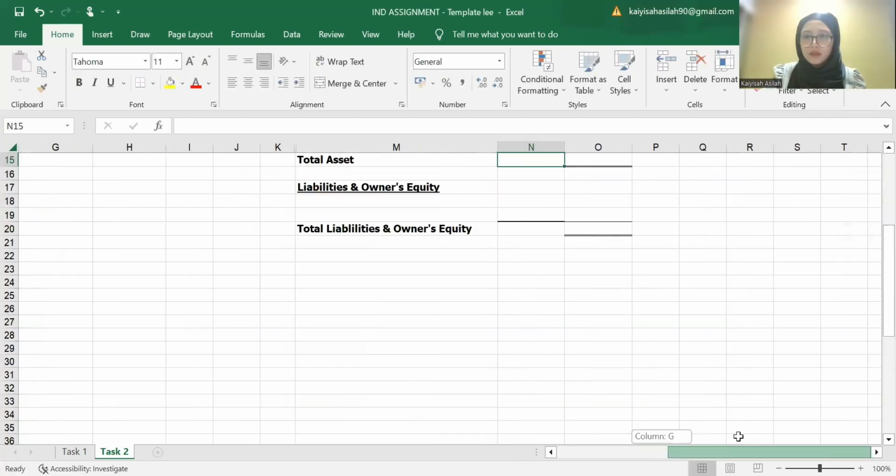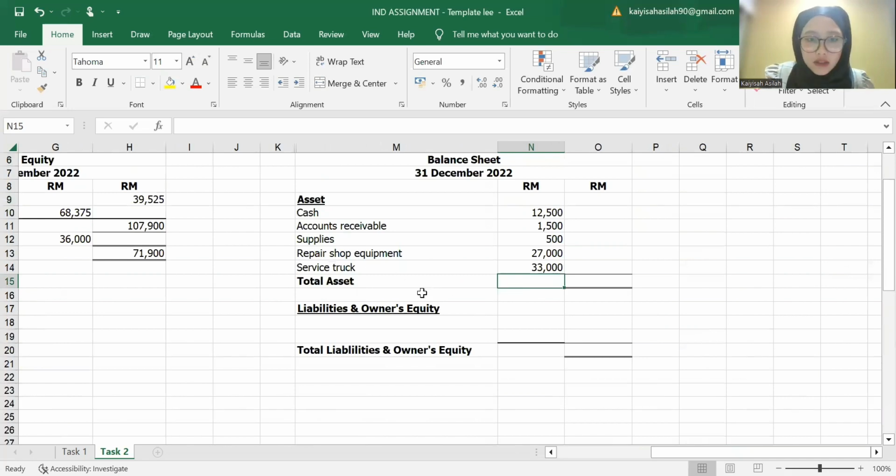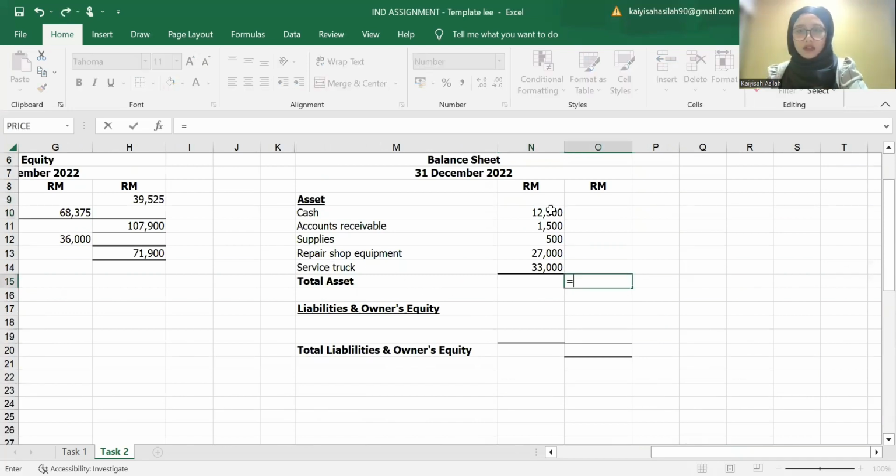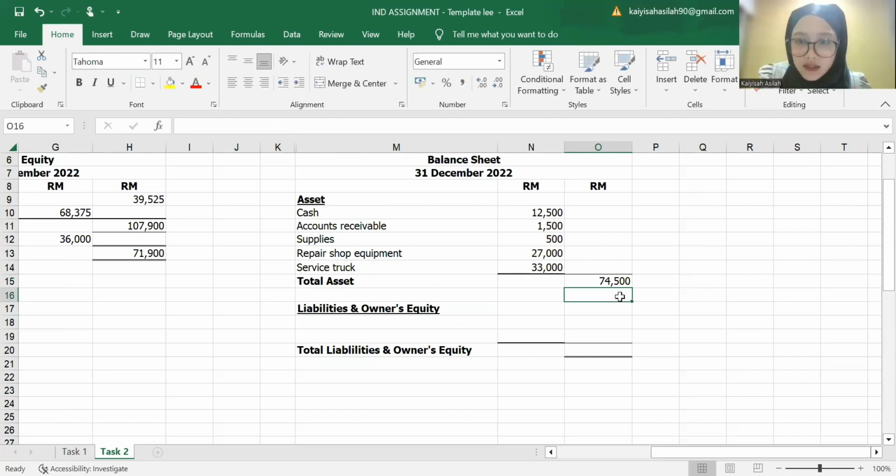Alright. And then the total asset, total this by plus all the assets, 74,500, and the liabilities and owner equity are the accounts payable and the Samira capital.